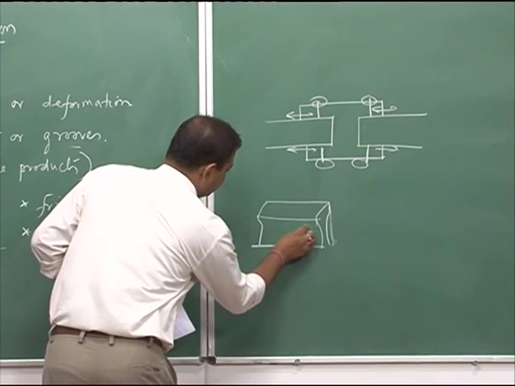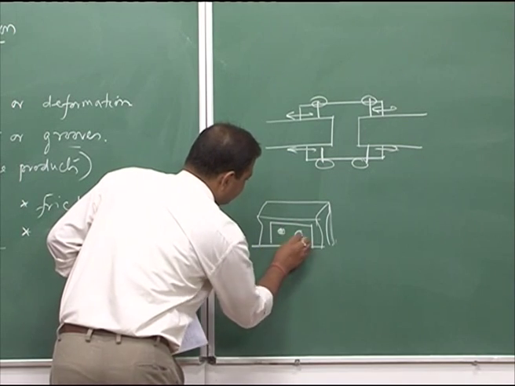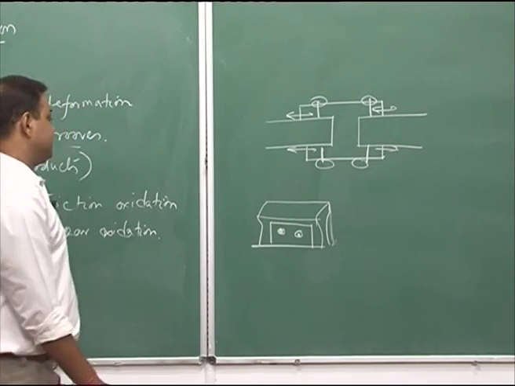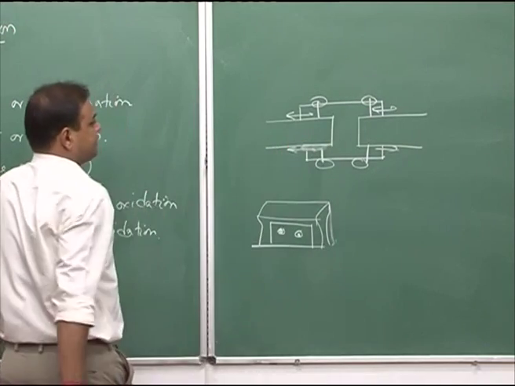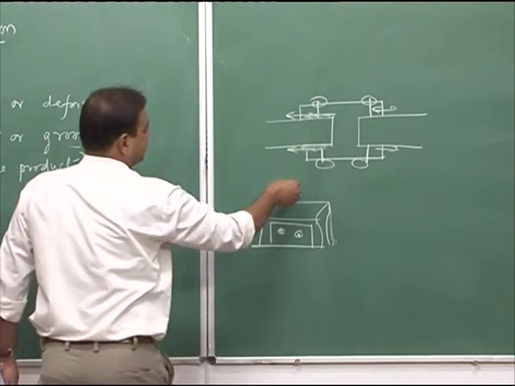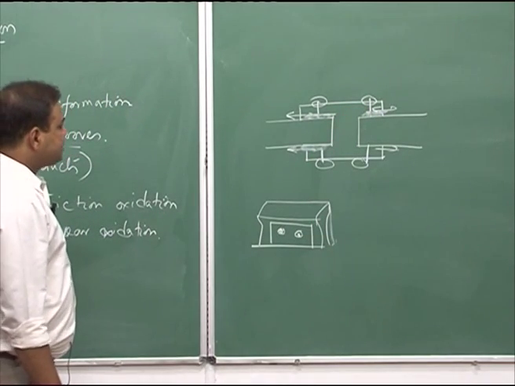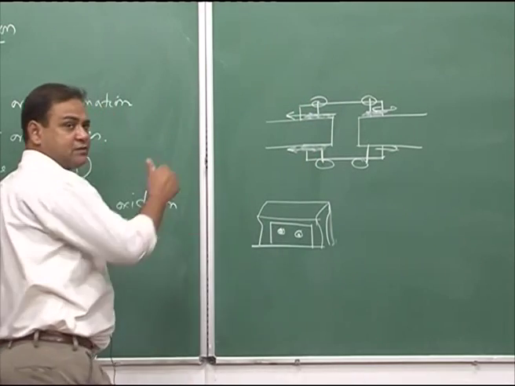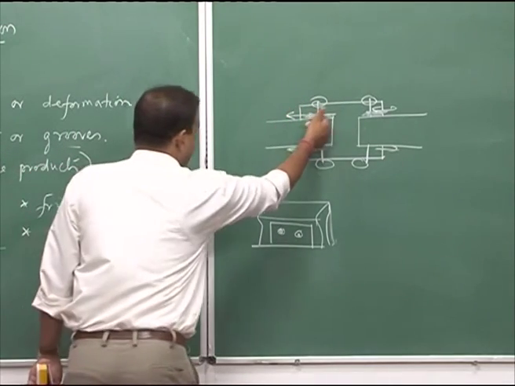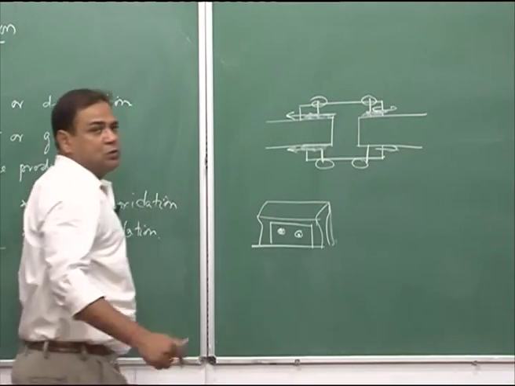Let us say these are the bolts and this is the tie plate. In this section we have fretting attack, this section we have fretting attack, and that is why these tie plates are tightened from time to time. Because of this wear effect and fretting effect, the tie plates become very loose.